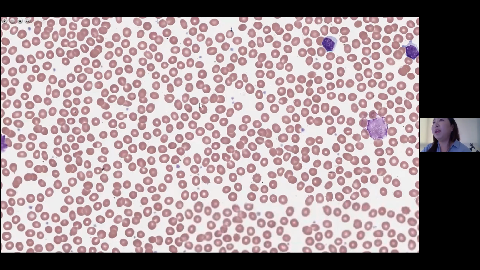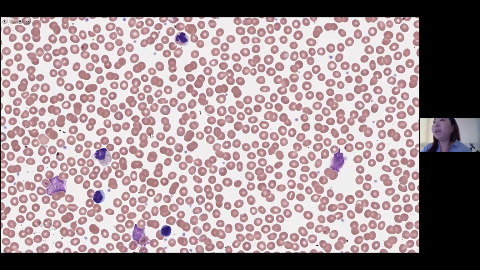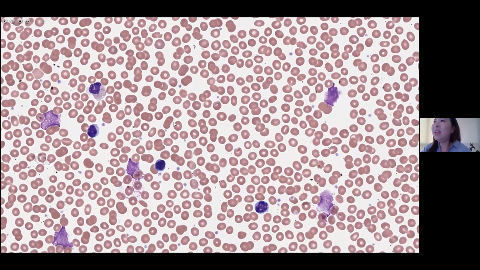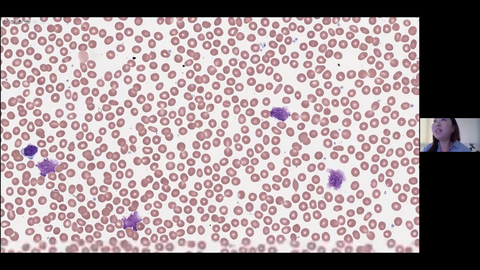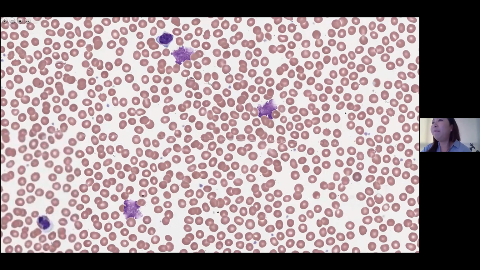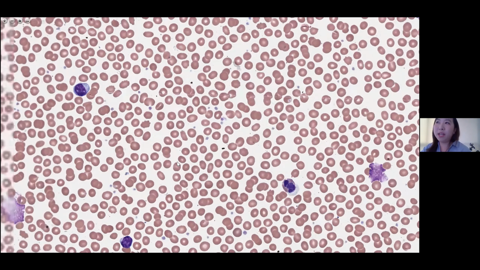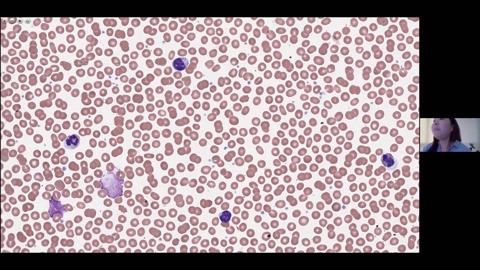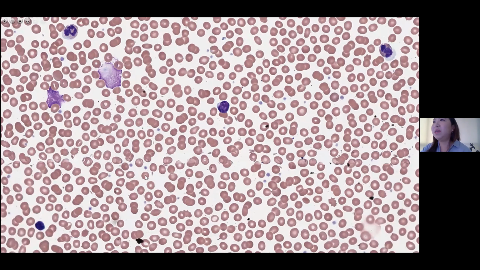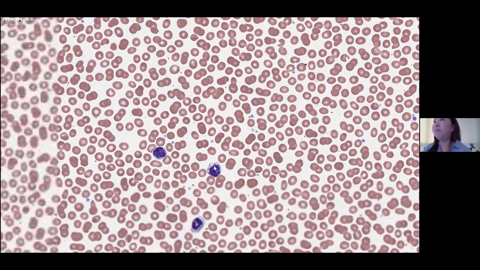And the third thing I'm looking at is whether there's any increased prolymphocytes. So in CLL, it's common to have a small subset of the lymphocytes having a prolymphocytic morphology. Prolymphocytes are cells that are more medium-sized, with slightly abundant cytoplasm, and they have usually prominent nucleoli. And I'll have some slides to give you some examples of prolymphocytes.